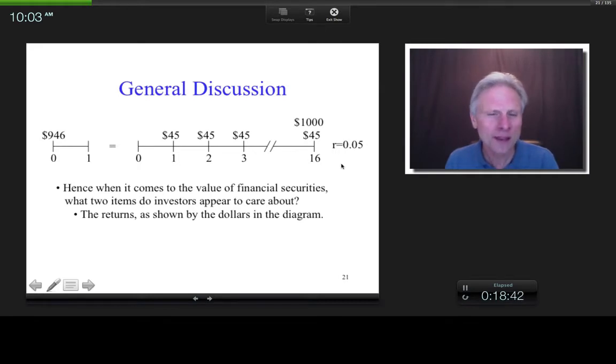And let me ask you this. Is there any other characteristic about these cash flows or returns that is relevant to you? Well, what if they were incredibly high risk? Would they be worth more to you today or less to you today? Presumably less, right? And so the other characteristic that you care about in these cash flows is the risk, which is reflected in the discount rate.